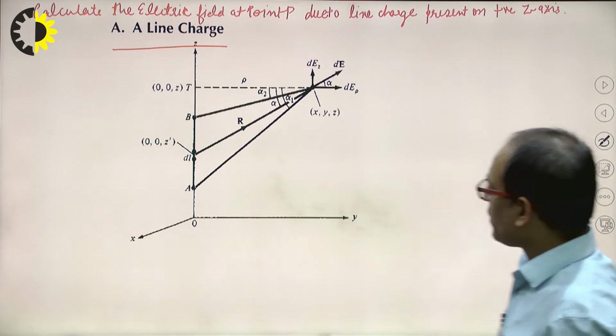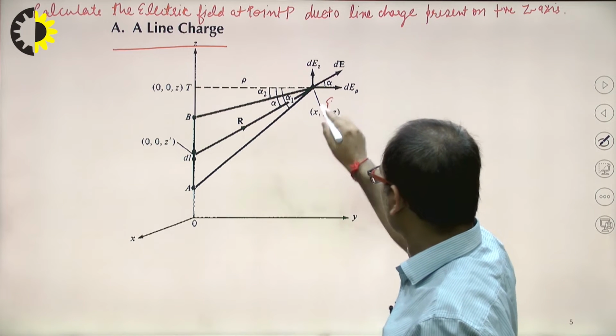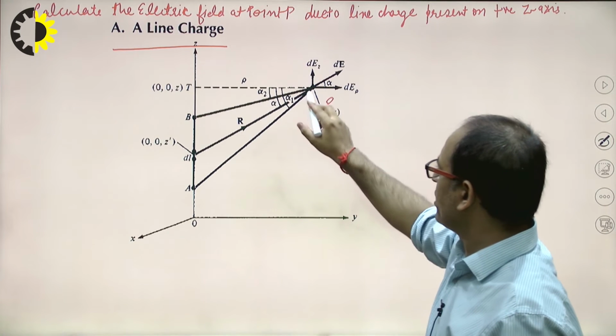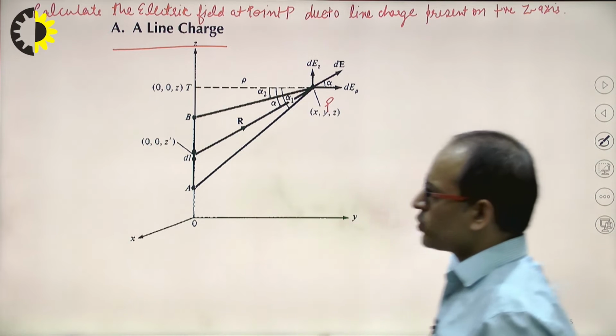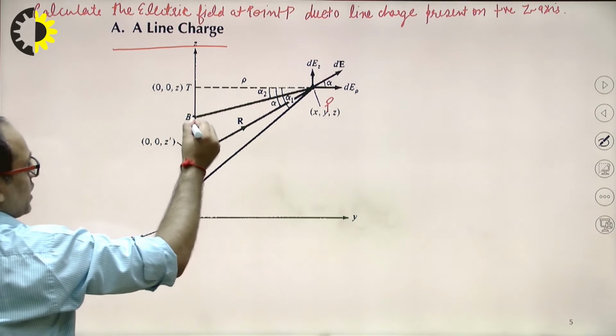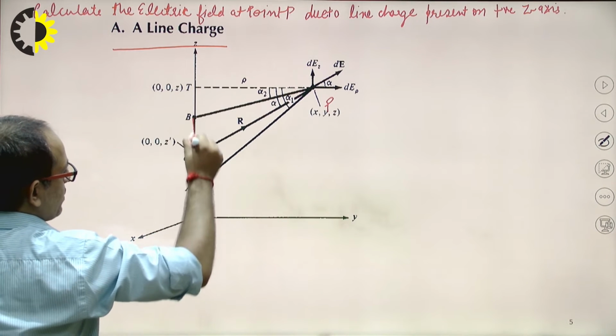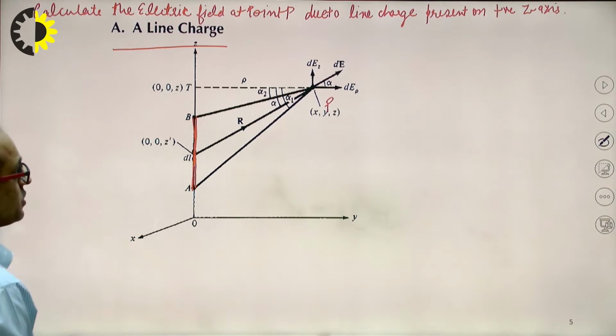Clear? Now if I say this is a point P, I want to calculate the electric field at point P due to the presence of line charge density, that is AB, along the z axis.